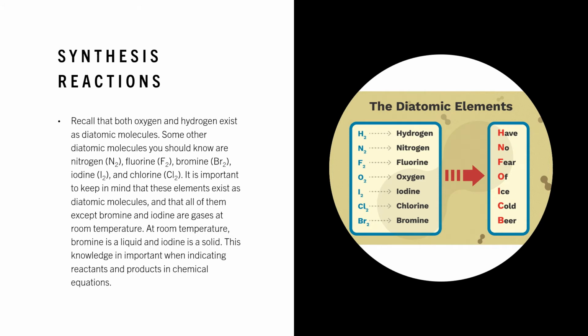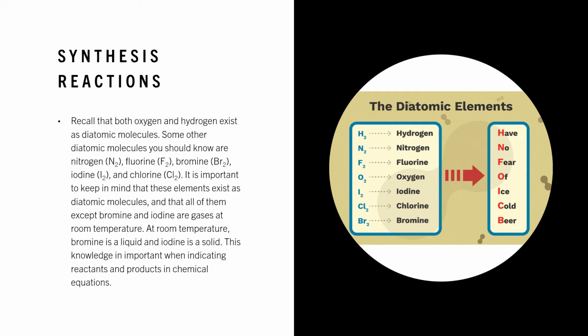Synthesis reactions. Recall that both oxygen and hydrogen exist as diatomic molecules. Some other diatomic molecules you should know are nitrogen, N2, fluorine, F2, bromine, Br2, iodine, I2, and chlorine, Cl2.